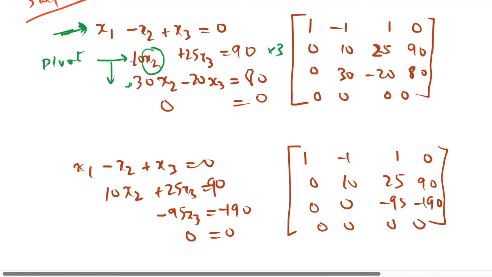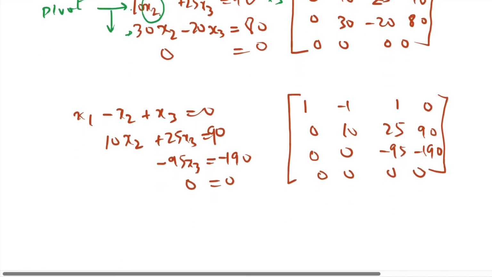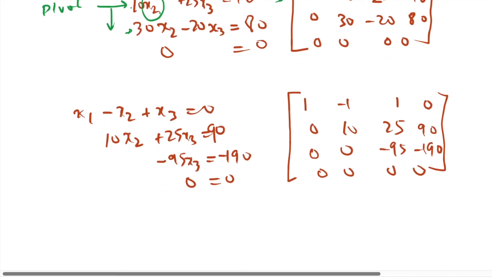All right, so now once we have this, we can work backwards. We have this equation, so we can work out what x3 is. From minus 95x3 is equal to minus 190, we can work out that x3 is equal to 2.